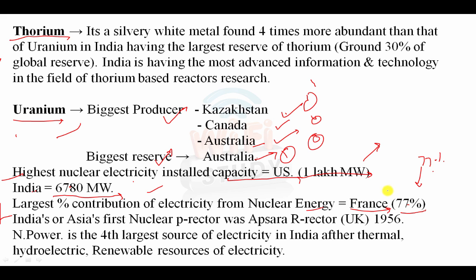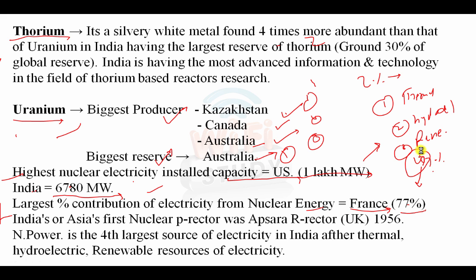And nuclear power is the fourth largest source of electricity in India after thermal, hydroelectric and renewable sources. As I told you before, only 2% of our total electricity is produced from nuclear. Number one is thermal, second hydroelectric, third renewable sources of energy, and fourth is nuclear.